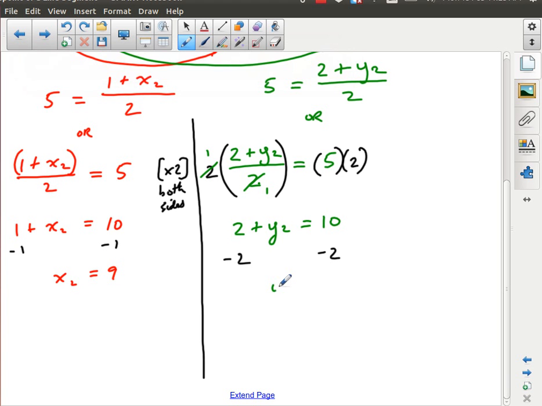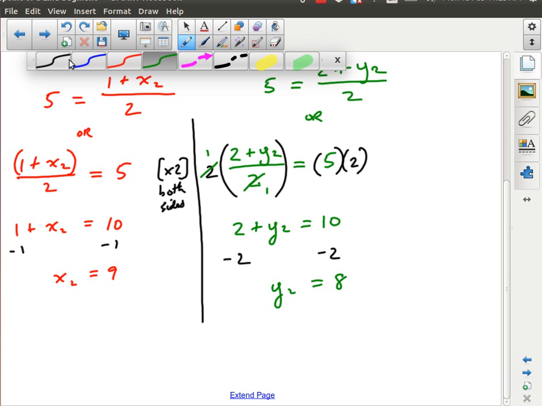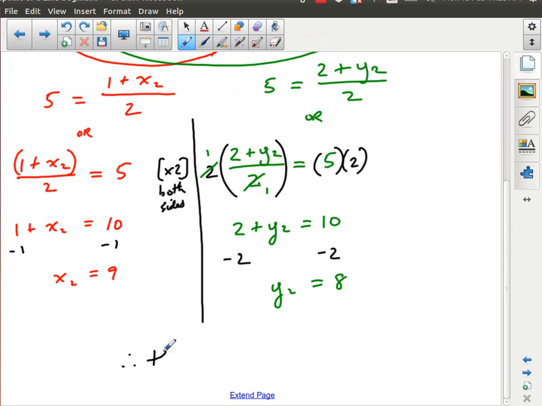And I end up with y2 is equal to 8. And so my solution, or it's not a solution in this case, we're not solving, we're finding the midpoint. Therefore, the midpoint is, the x-coordinate is 9 and the y-coordinate is 8.